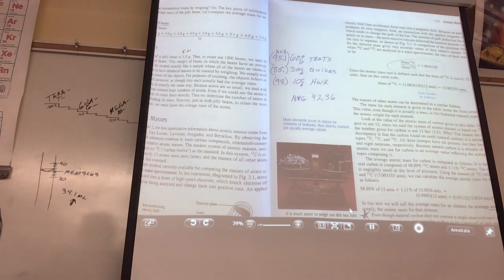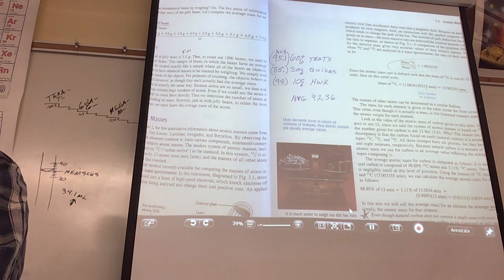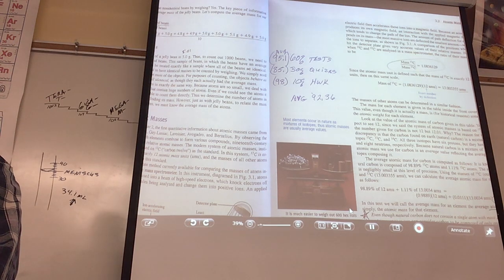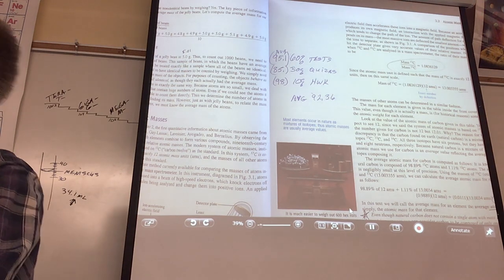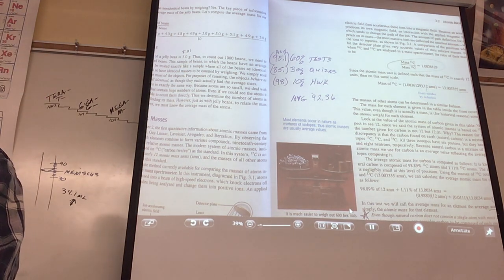My guess is 12. I would have guessed hydrogen, but hydrogen only has a mass of maybe 1, and I think they were afraid of error. If it's only 1 and you're a little off, so they did pick carbon. You're correct. Now they picked which isotope of carbon? The standard of all these numbers is based on carbon 12.